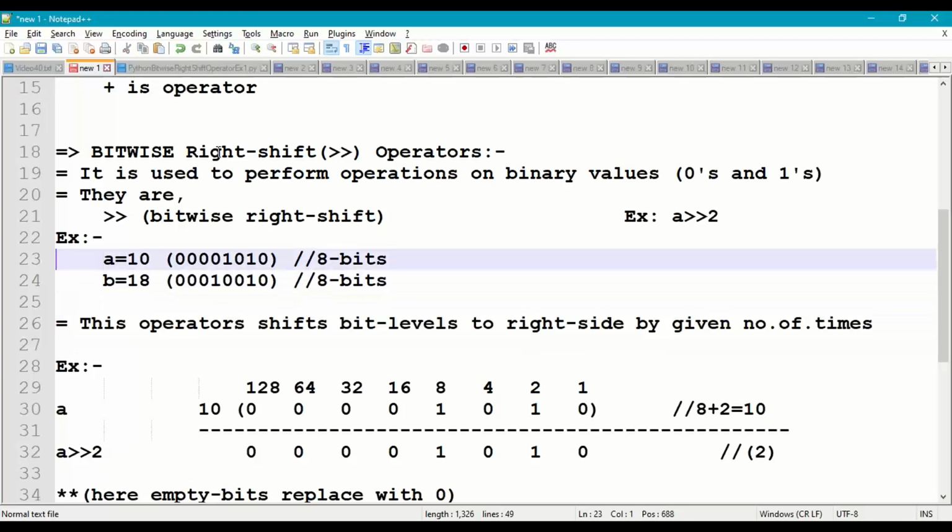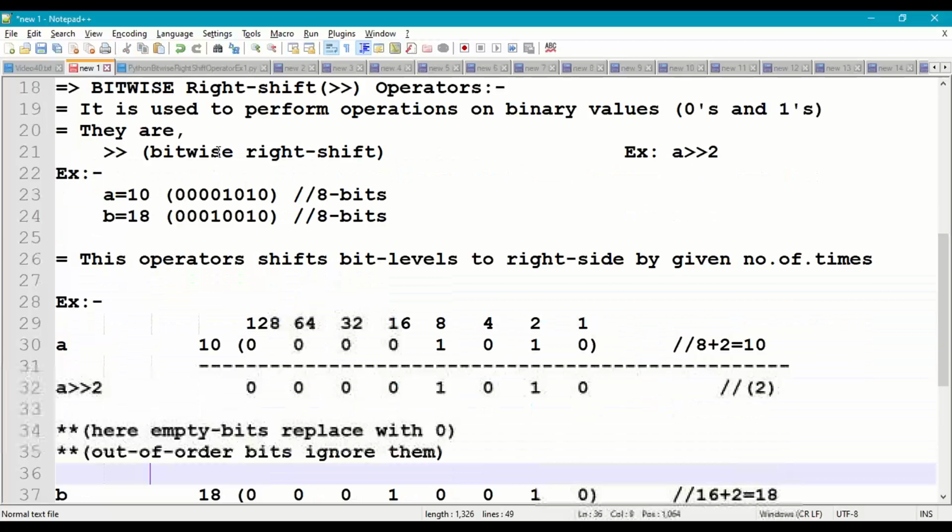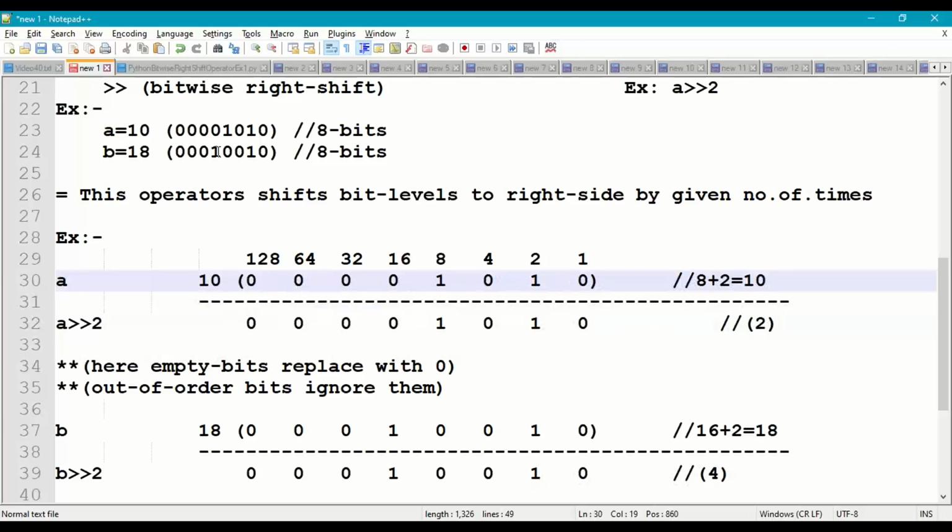If we take 10 as an 8-bit binary representation, its corresponding value is 00001010. Similarly, for 18 it is 00010010. Now let us try to perform the right shift operation on 10.